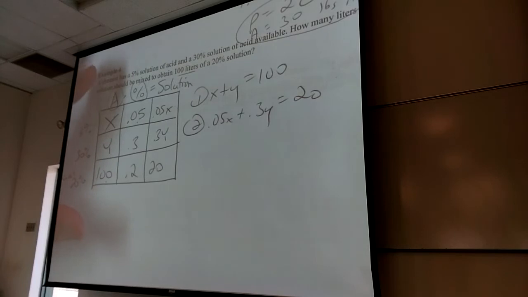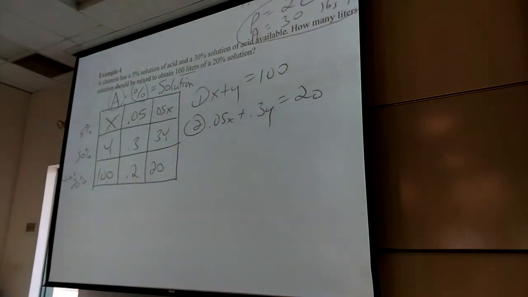Now, just to remind you guys, you can do something if there's decimals in your equation. You can kill them, because decimals are just fractions. 0.05 is 5 over 100.